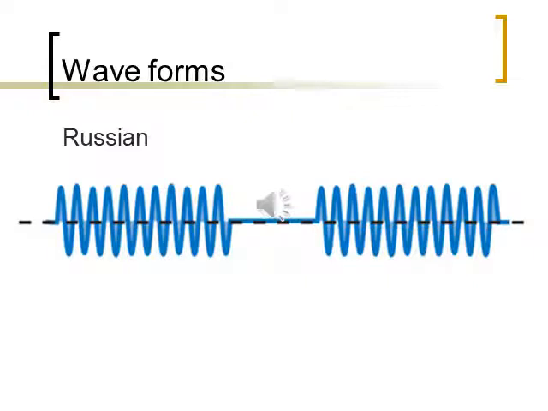And then here we have what's representative of the Russian current. So looking at this picture, think about how we would describe this, okay? And again, we're getting some practice with this here. So the Russian current would be polyphasic, so there are many phases bunched together in a pulse train.